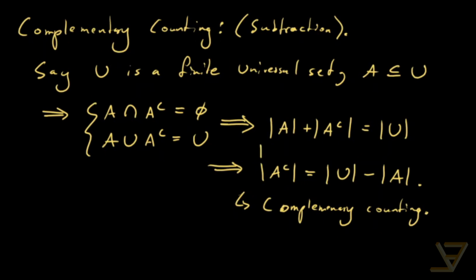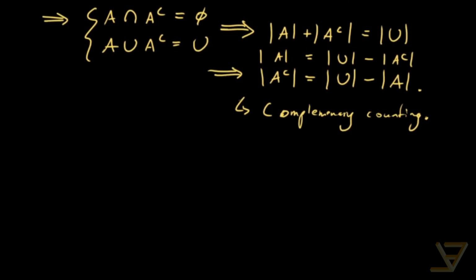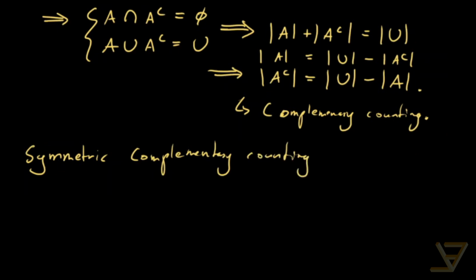And you can write this in another way as well. You can write it as the cardinality of A is equal to the cardinality of U minus the cardinality of A complement. It depends on which one you're trying to figure out. And the last thing that I want to mention is called, or at least I call it, symmetric complementary counting. It combines the bijection principle with complementary counting. It looks like this.